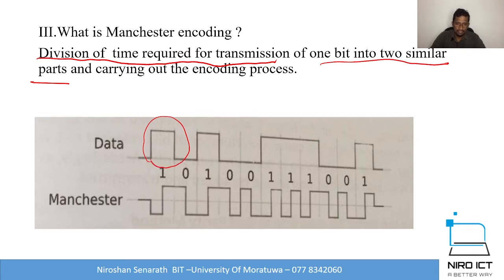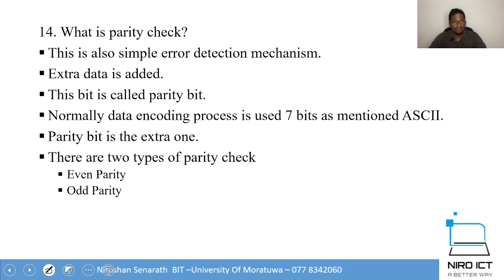It is divided into two similar parts. Look at it, right? So one bit is divided into two similar parts and carrying out the encoding process. This is called Manchester encoding, where the time required for transmission of one bit is divided into two similar parts. That's all. Then what is parity check?